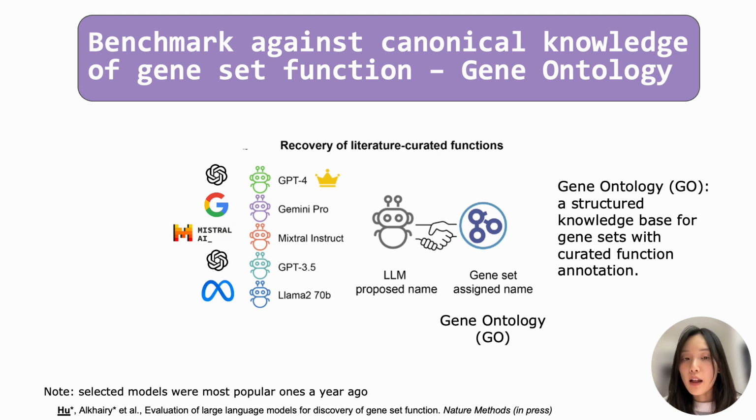We give the LLM the same gene set and ask it to propose names and evaluate how much they align with the known knowledge. Here we use a panel of LLMs including GPT-4, Gemini, Mixtral, GPT 3.5, and Llama 2. And for today's challenge, you will be able to use models including Mixtral Instruct and Llama 2.